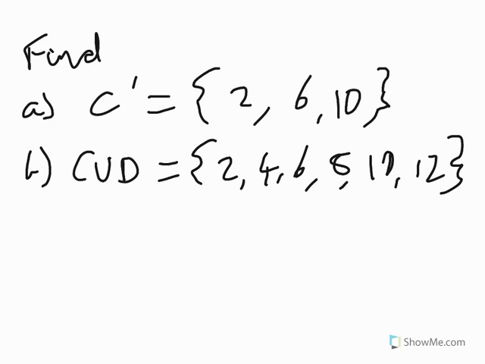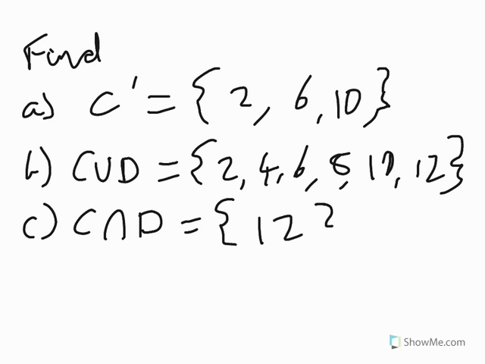We don't count it twice, we only count it once. Yes, it is in C and it is in D, but we only count it once. Getting onto the intersection, that's the upside down U, C intersection D, that's the ones that are in both, and this is the number 12 that is in both.